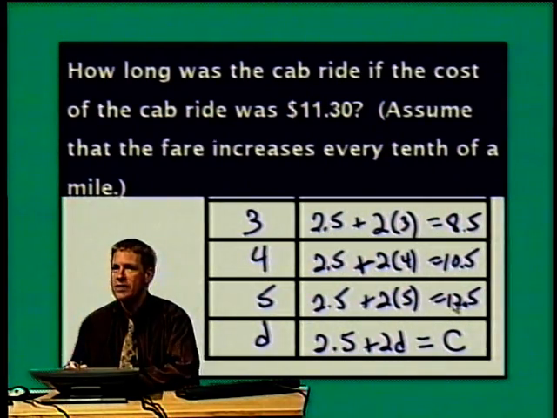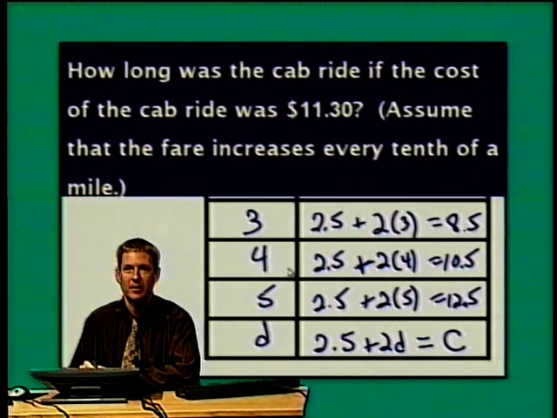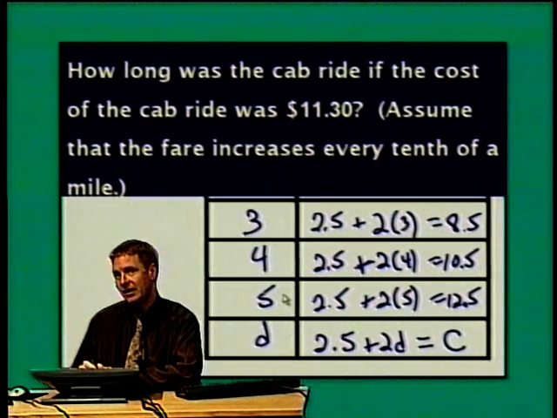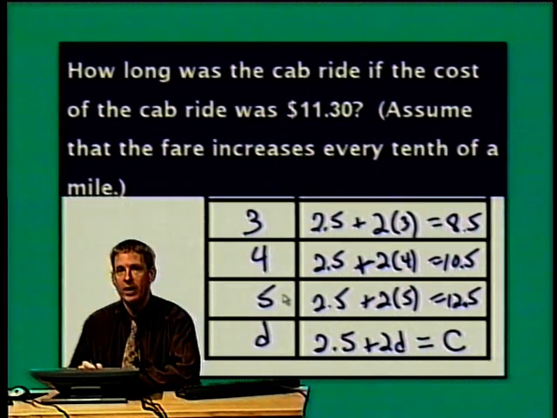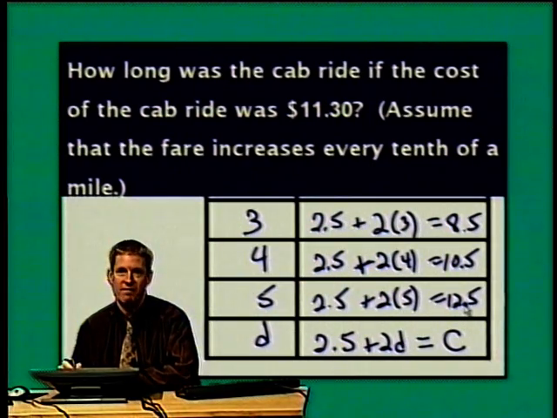So it seems intuitive to me that if the cab ride costs $11.30, the distance we traveled in the cab ride must be somewhere between 4 miles and 5 miles. Also, if I think about this a little bit more, 11.3 is a little bit closer to 10.5 than it is to 12.5.